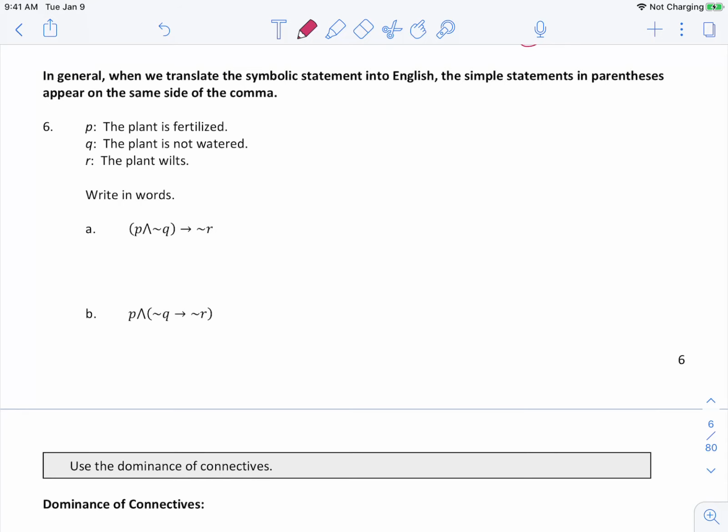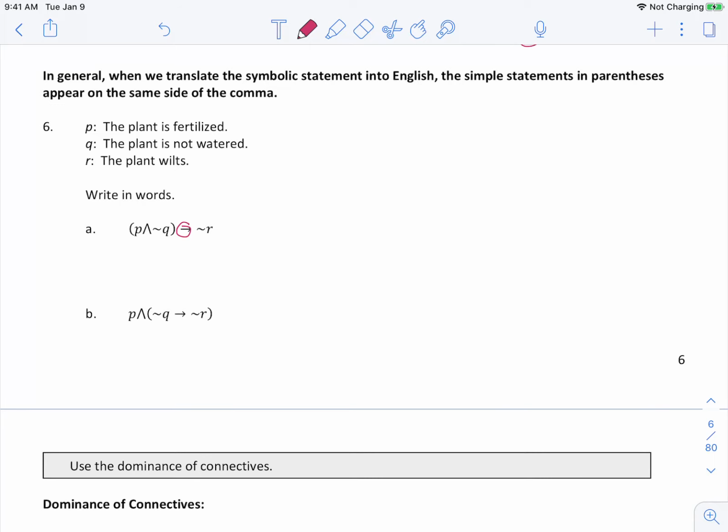Okay, so for our first one, if you notice we have P and not Q together, then we have our if then, and then we have not R. Okay, so again, in parentheses, that set of parentheses is going to come before the comma, and then we'll put the comma around the if then part.